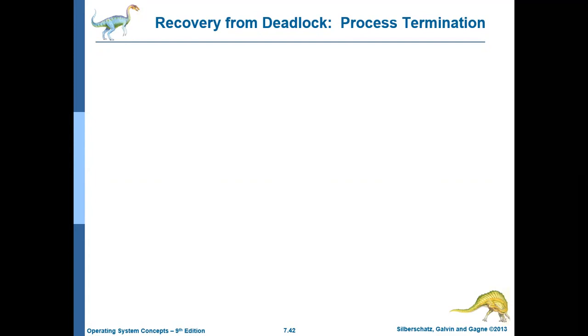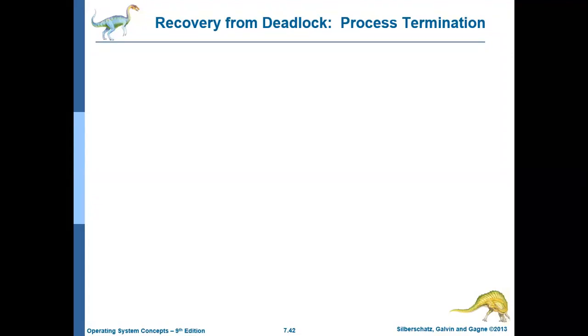The second method is to preempt certain resources one by one in some order. So slowly you preempt a few resources and check whether the system is still in the deadlock state or not. If still some of the processes are in deadlock, then preempt more resources.